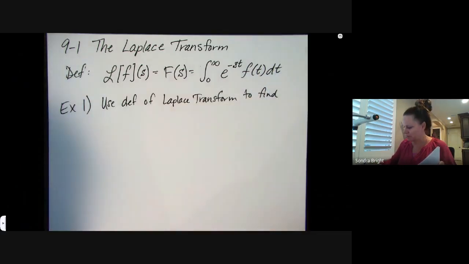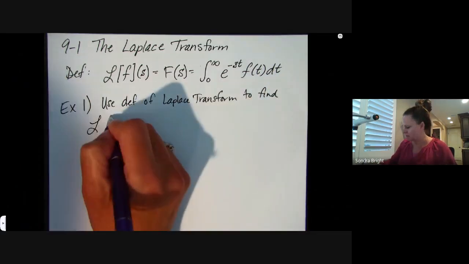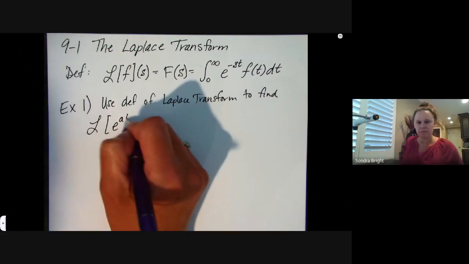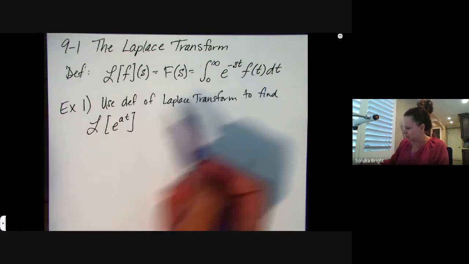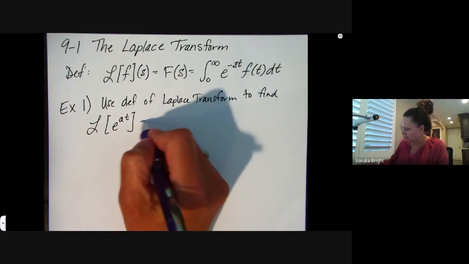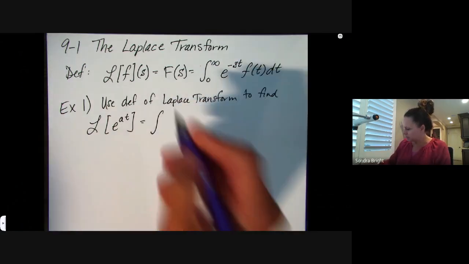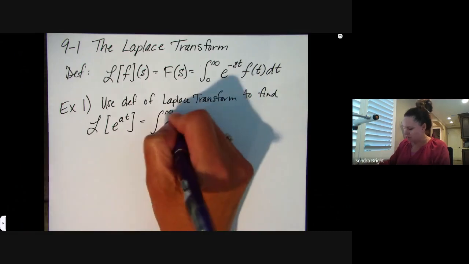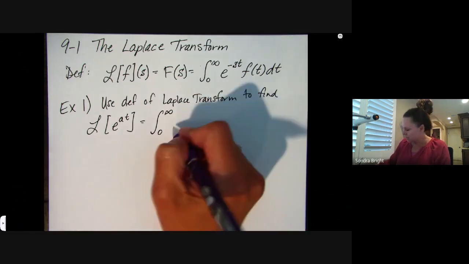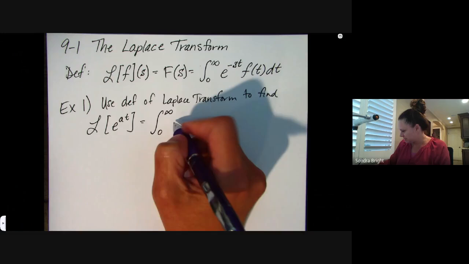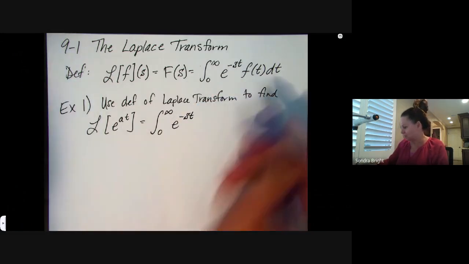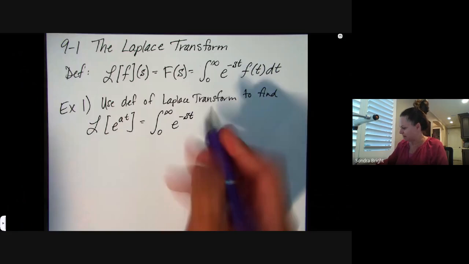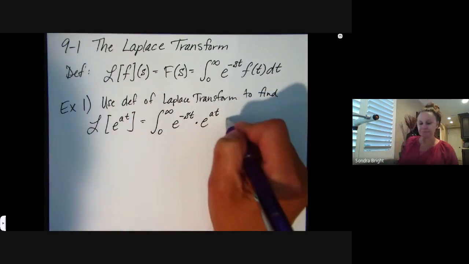We're going to start with e to the at. All right. So this guy, using this definition, is going to be the integral from 0 to infinity of e to the negative st times f of t, which is this e to the at, and then dt.